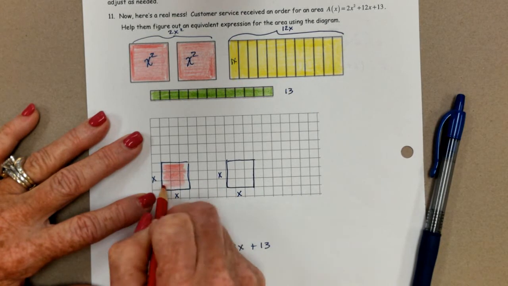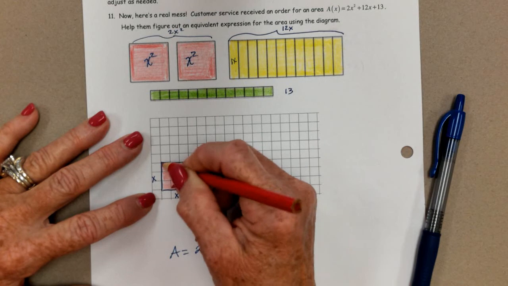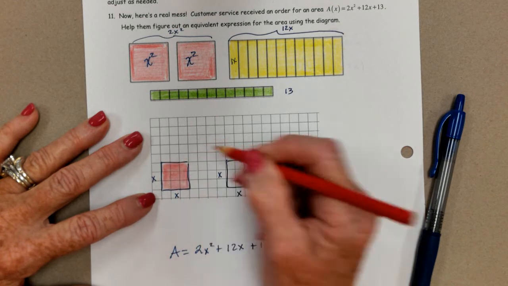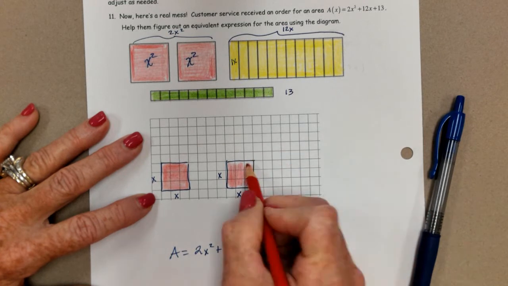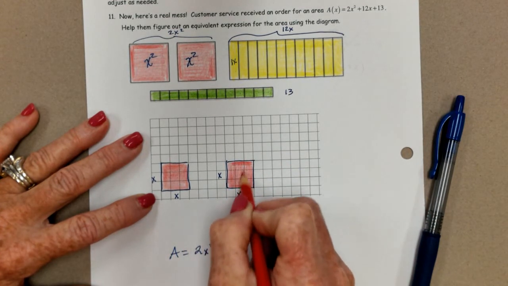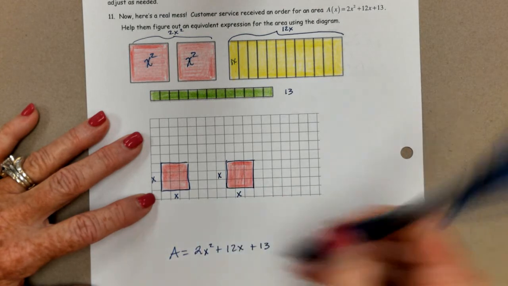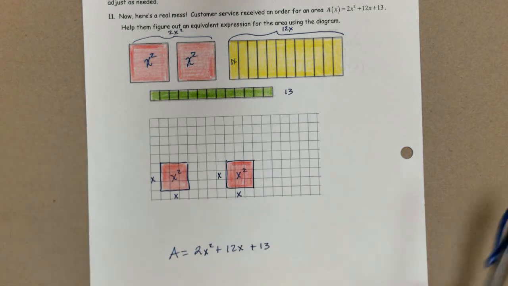It's easier if I color first, because if I write in the inside first, and the ink's not dry, and then I try and color on top of it, it smears the ink.